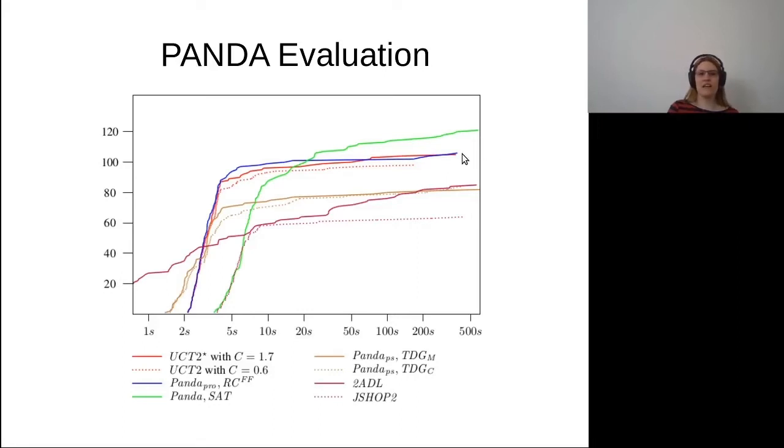Which is a bit sad, but at least we are comparable to other approaches. And what might be interesting is that the exploration value of 1.7 clearly outperforms the lower value of 0.6, which suggests that the general root of 2 factor is also a good idea for this kind of implementation.